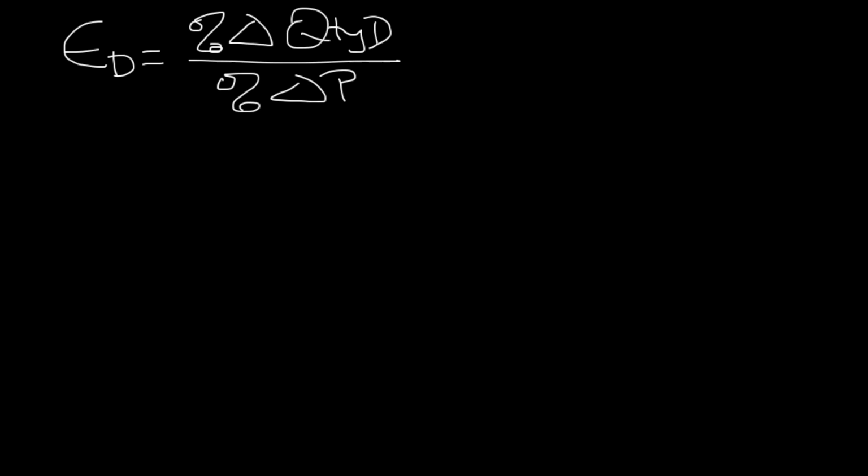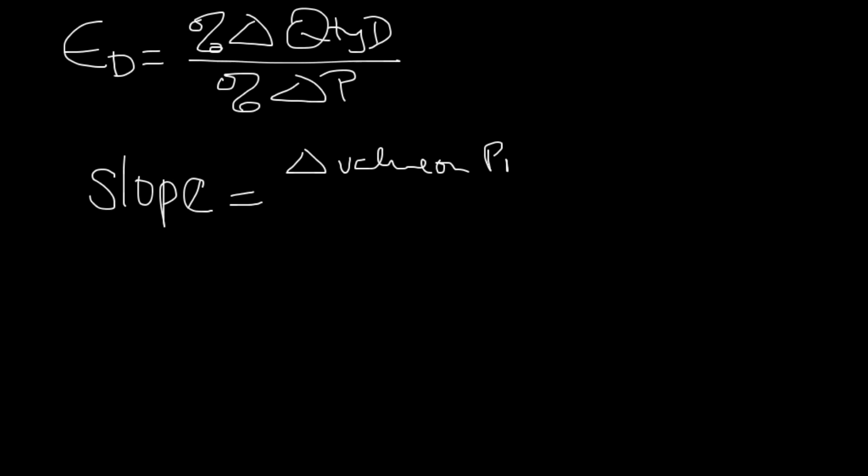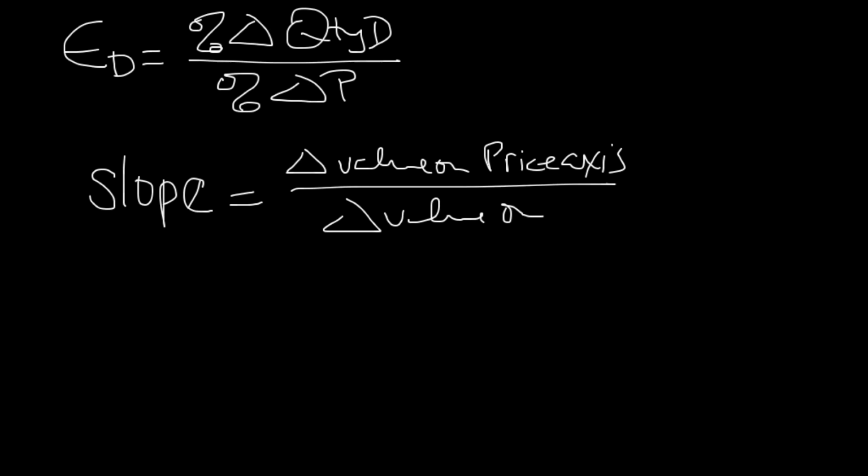All right, one last thing I want to point out about price elasticity of demand is how it differs from slope, okay? They are not the same thing. So slope is the change in the value on the vertical axis or the y-axis or the price axis, since we're doing economics, divided by the change in the value on the horizontal axis, the x-axis, or for us, it's really the quantity axis.